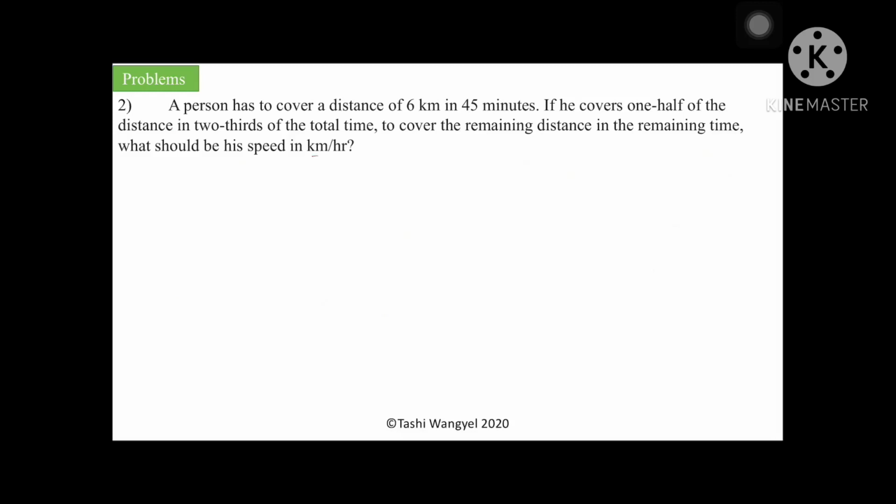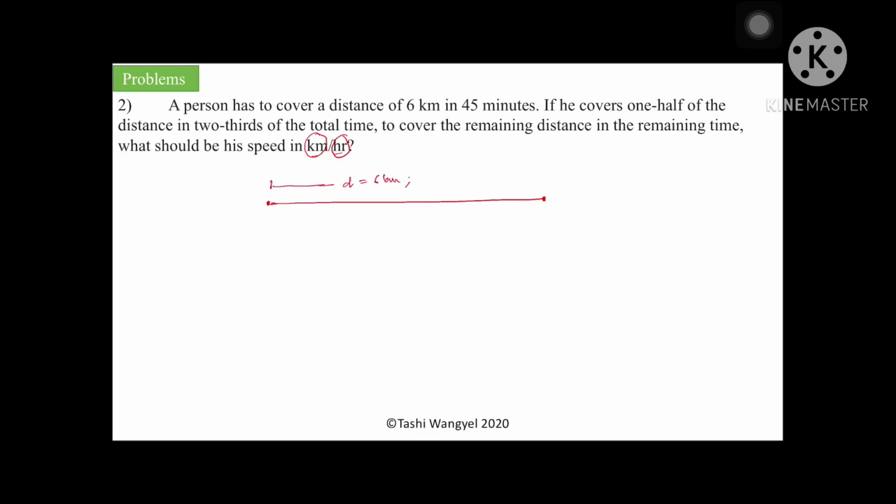The speed is in kilometer per hour, so the distance should be expressed in kilometers and the time in hours. A man has to cover a distance of 6 km.